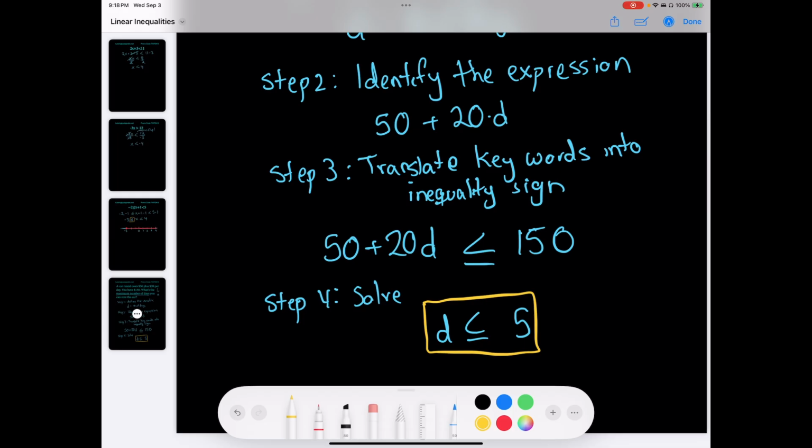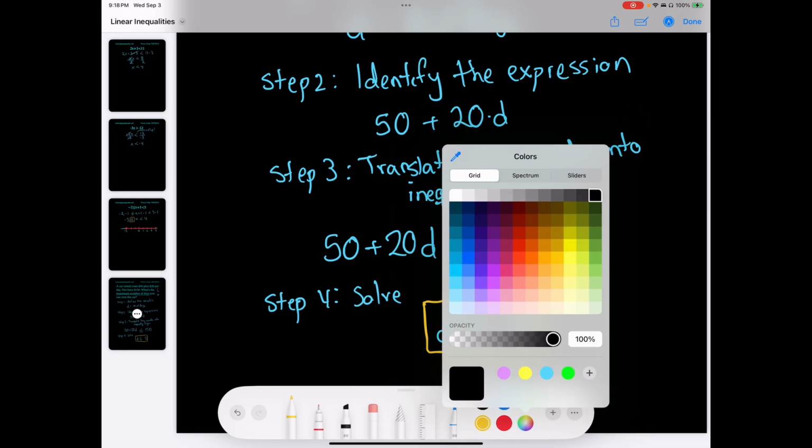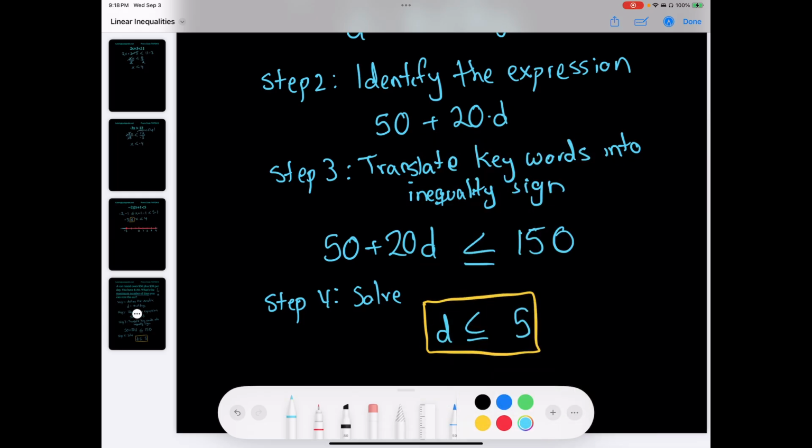So you can test this out. Let's say you choose 6 days. What happens there? So what you do is you plug it into the expression we made up. So 50 plus 20D. In this case, we're saying 6 days.